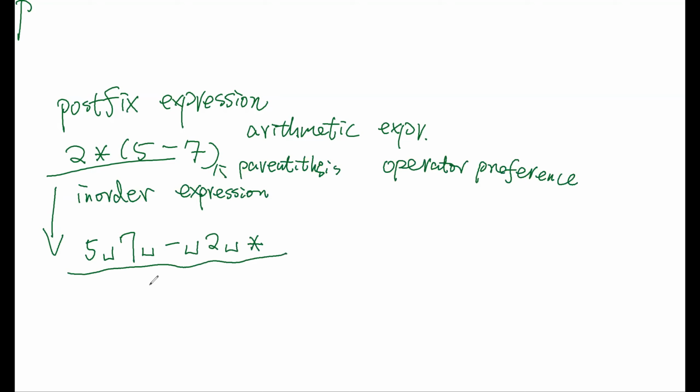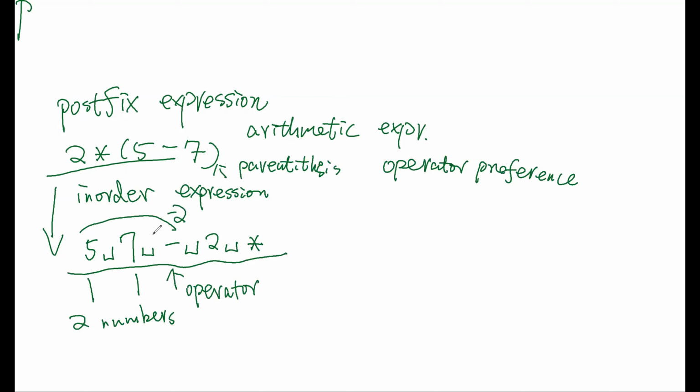But if we analyze it, you can see you have 2 numbers followed by an operator. So basically you apply this operation to these 2 numbers. That's 5 minus 7, which is negative 2.